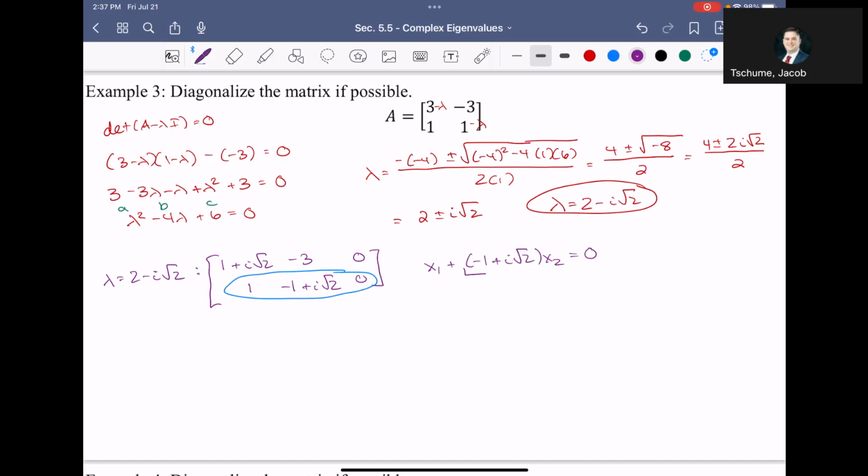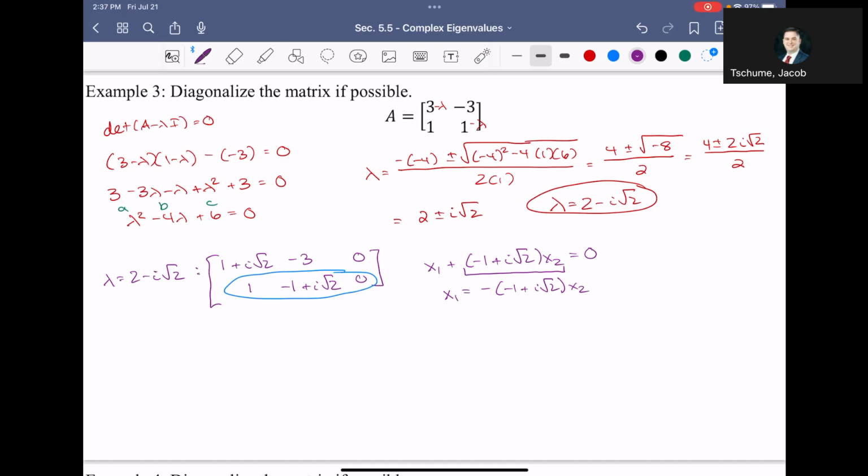I'm going to move this entire term over to the other side because you're trying to get the x sub 1 by itself here. So x sub 1 is going to equal the negative of (-1 plus i root 2) x sub 2. Since that term's being added to the x sub 1, you have to subtract the entire thing over to get it to the other side.